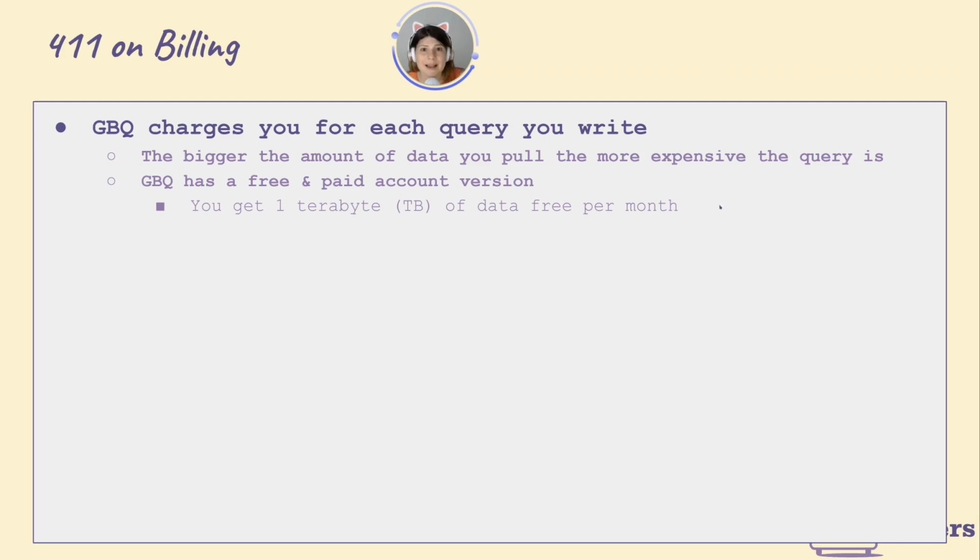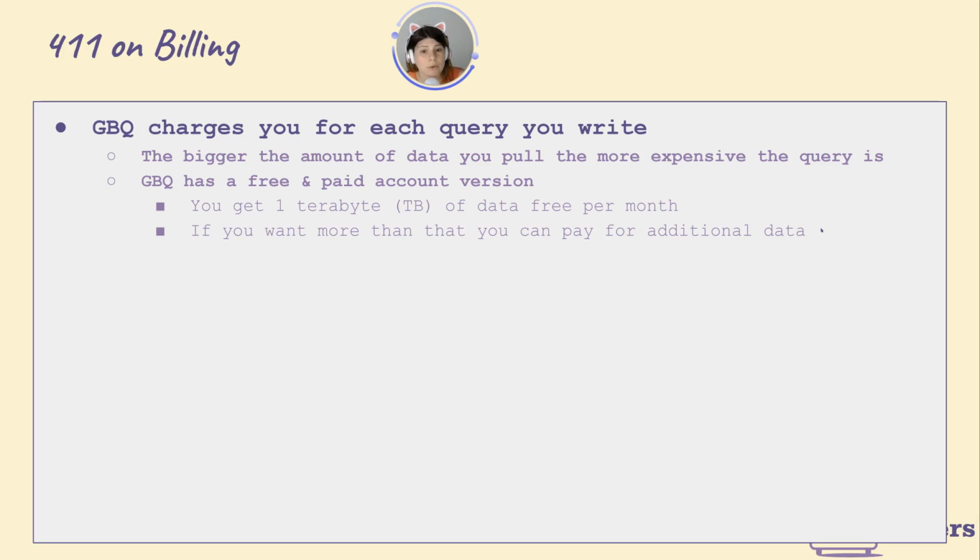What we're going to be doing in this class is just poking around in BigQuery and just learning the syntax. If you wanted to do a full-on analysis project, you might exceed the 1 terabyte of data, and that might be at a point where you're like, okay, I think it might be worth it for me to invest a couple of dollars to purchase more data so that I can have a nice project for my portfolio.